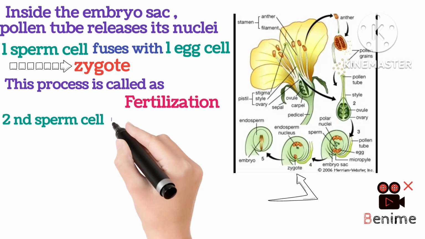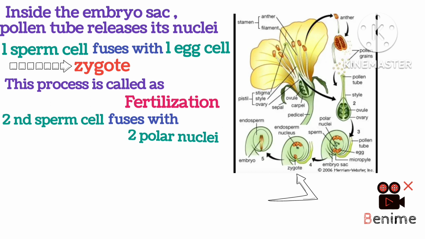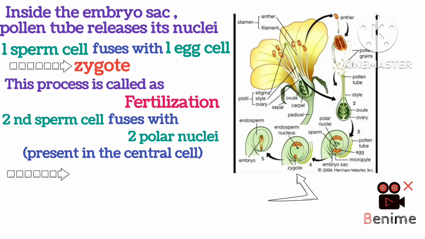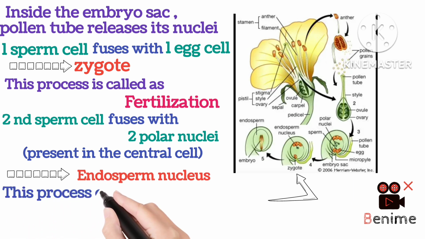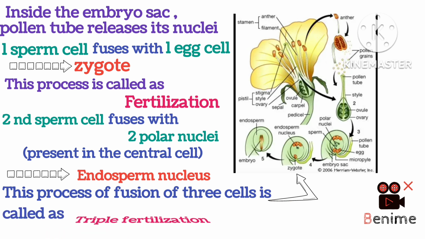The second sperm cell fuses with the two polar nuclei which are present in the central cell and forms endosperm nucleus. This process of fusion of three cells is called triple fertilization.